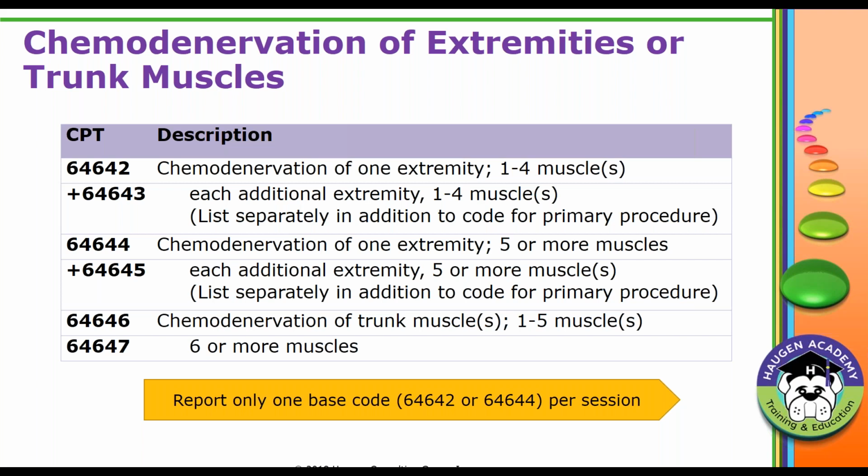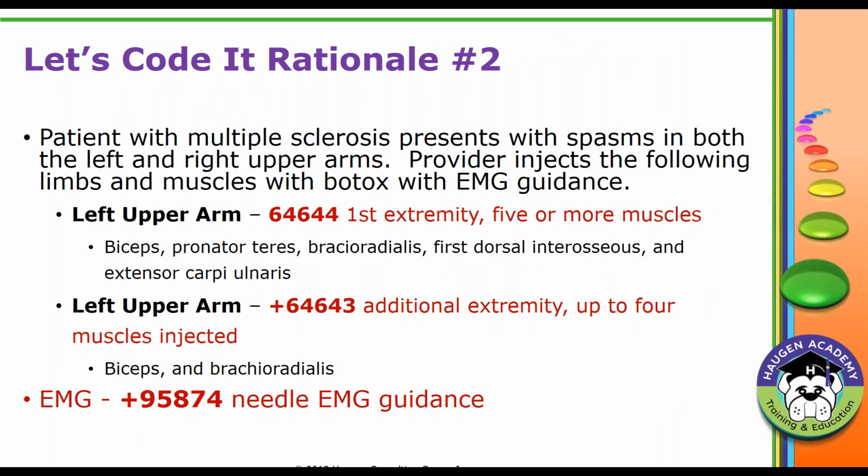And it does look like we have a little bit of a mistake here. He did do right and left upper arms. So we have left listed twice, but you can see on our coding here, we meant right on that second example.